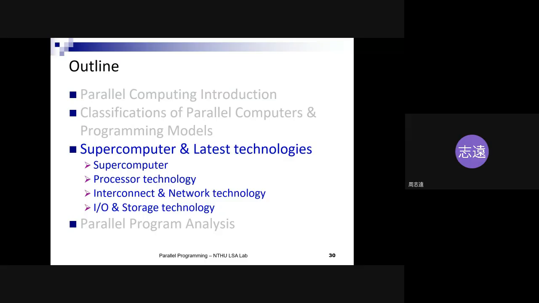Today we will talk about the supercomputer as an example of how a parallel computing system can be built for performance. We can use it to introduce a few technologies, in terms of hardware and software, and how they can be optimized for parallel computations.